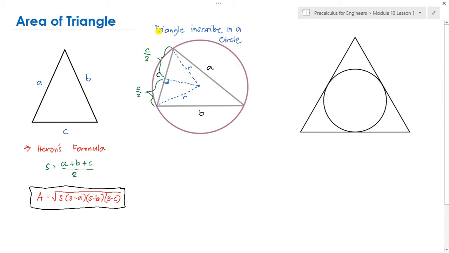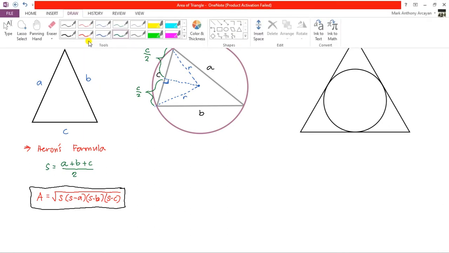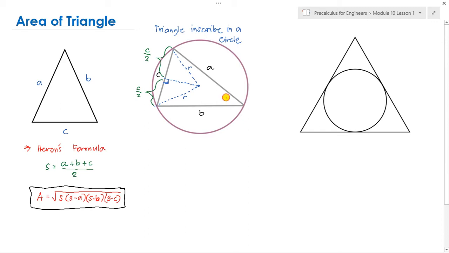Now, we are going to denote this angle. If this is theta, then automatically this angle here is also theta. Why are they equal? They are equal since they have the same side, C over 2 here and C over 2 here, and they have the same common side, the height.